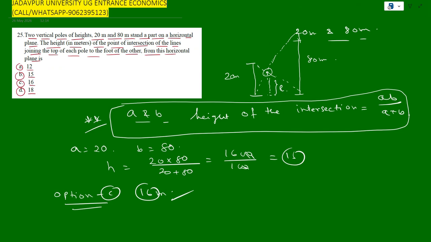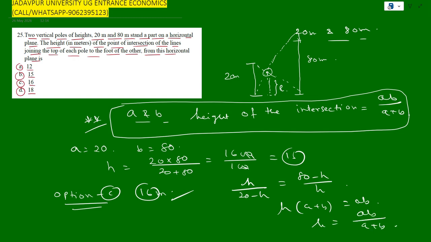The crossing lines create similar triangles and proportional segments. And from the similarity, we get h by 20 minus h equal to 80 minus h by h. Now solving gives h into a plus b equal to ab. Thus we can say h equals ab by a plus b.